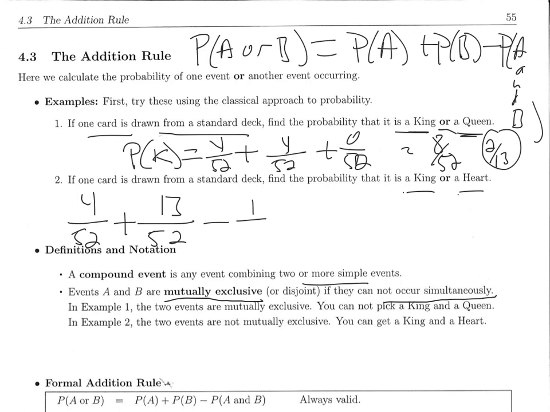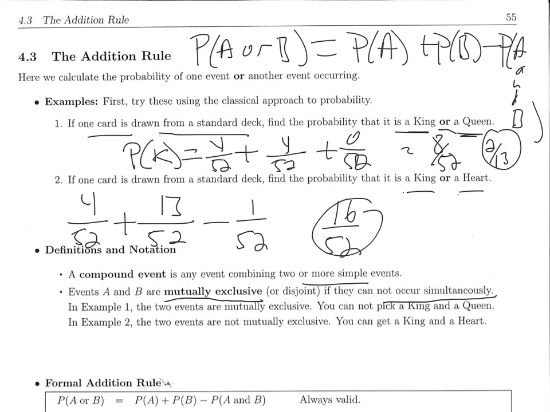So I'm going to subtract 1 out of 52 from the straight formula way. You might think about this in a slightly different manner. So 4 plus 13 is 17, minus the 1 that's in common is going to be 16 out of 52, which we could reduce. I'm not going to.